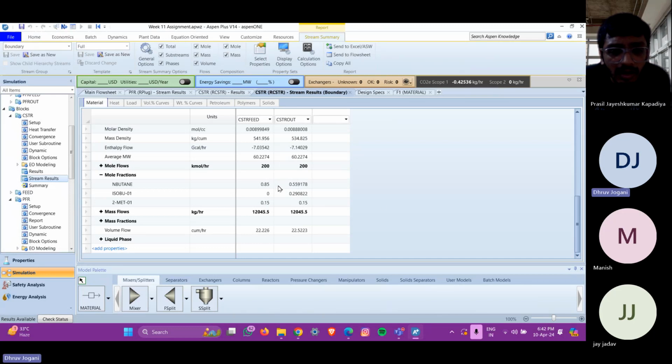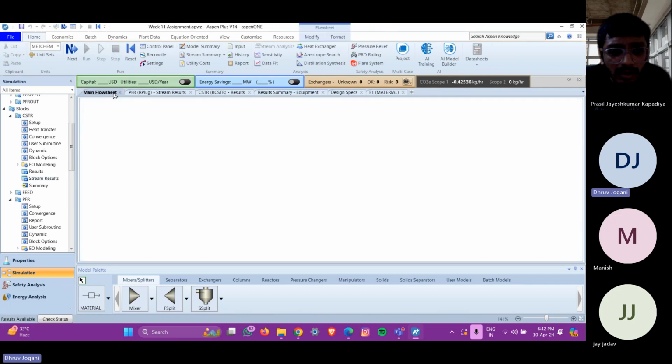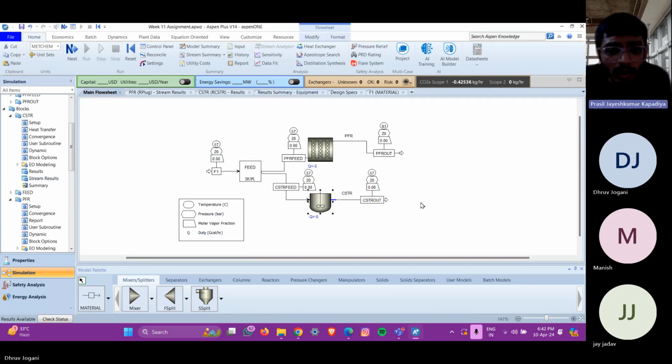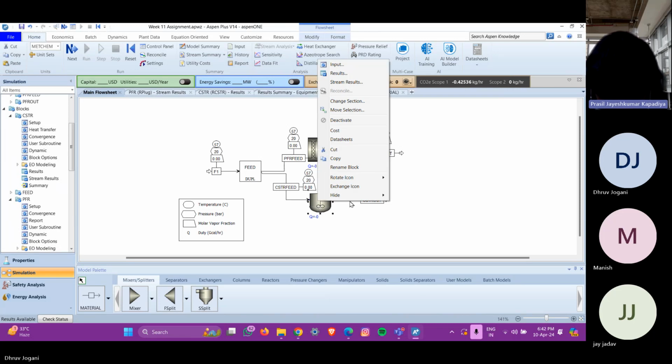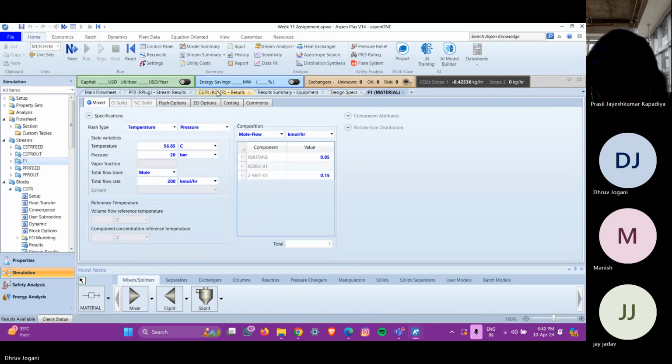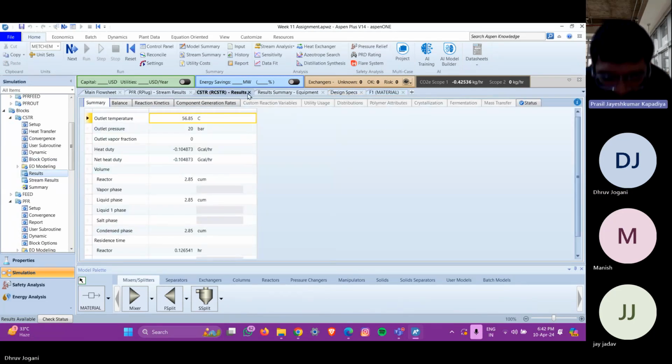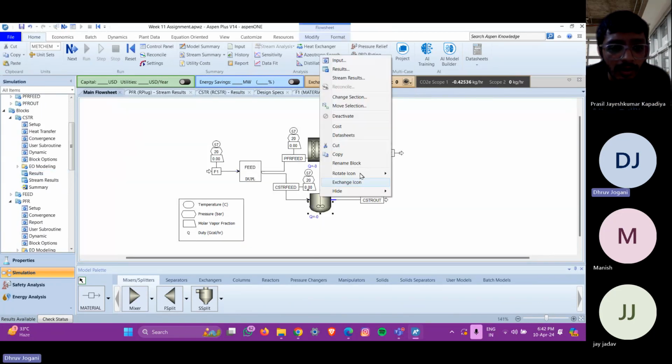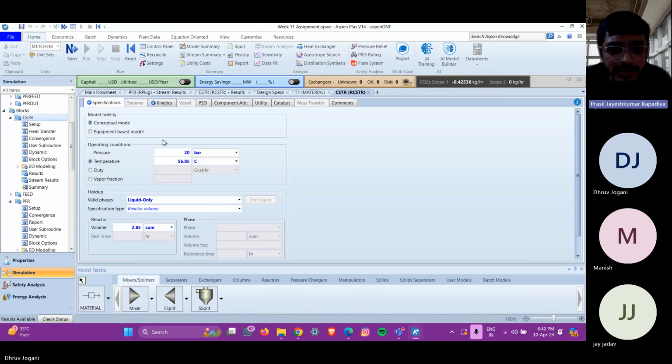Will we use that same formula for conversion or will we change the formula? Whatever value you are getting, what is the percentage of inert? Sir, 0.15. I need to see this inert part. Can you just give me a minute? I will open that chapter. Okay, no issues.